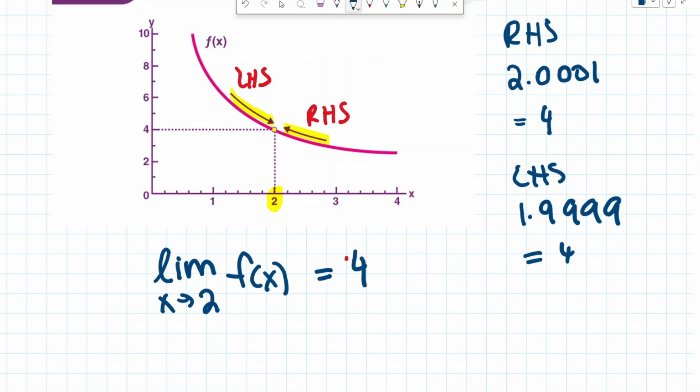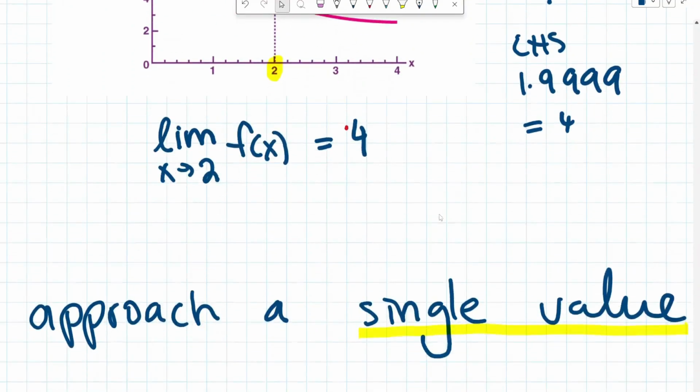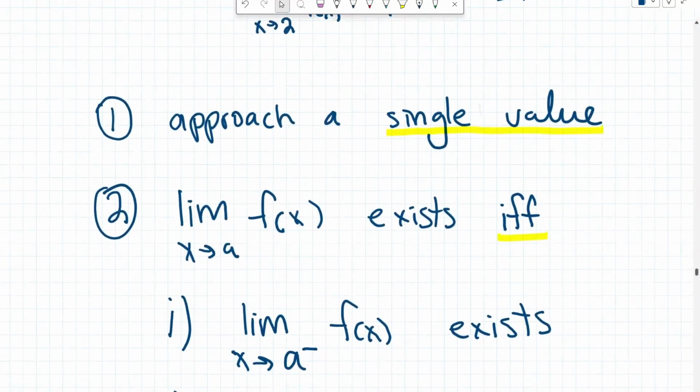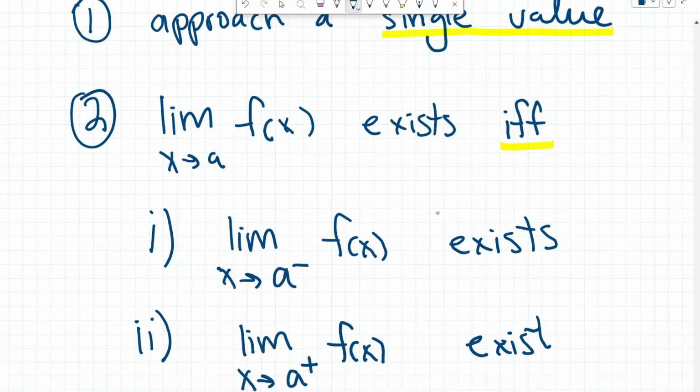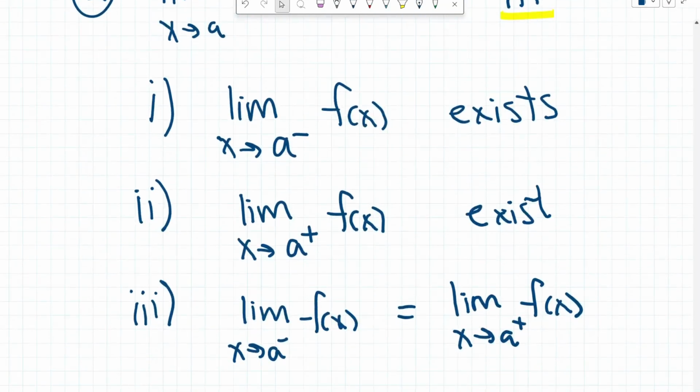Now let's look at a few of the conditions that we have to have in order for our limit to exist. First of all, our limit has to approach a single value. If it approaches multiple values or an undefined value, then it does not exist. Secondly, the limit of f of x as x approaches a exists if and only if these following three criteria are met.